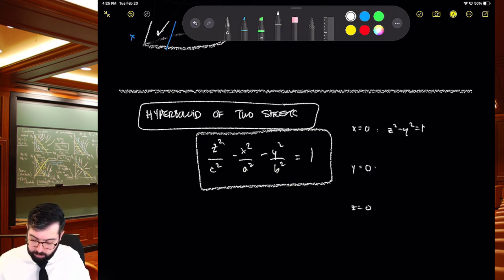In the y equals 0, I've got a hyperbola: z squared minus x squared equals 1. And when z equals 0, I've got negative x squared minus y squared equals 1, which is what? Well, they're really ellipses, right? Again, it's just negated.